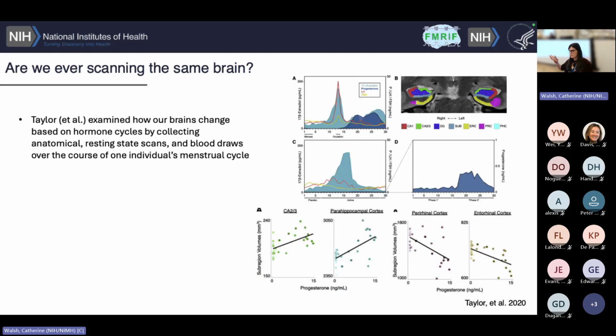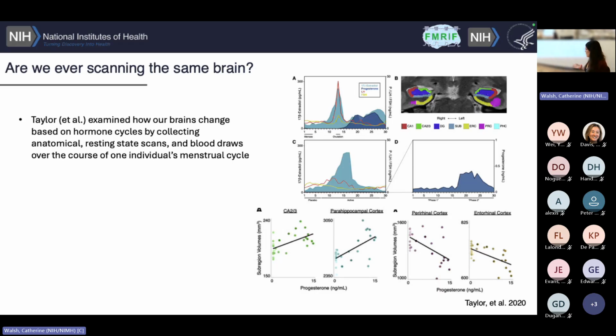Another example that I think is really amazing in this domain is the idea that our brains are never really the same. And that can be related, like we talked about, with different things that are happening, but some of those are very easily measurable. So in this case, Taylor and colleagues looked at hormone levels in the blood over the menstrual cycle and actually were able to find it wasn't just a functional change, it was a physical change in the hippocampus that was happening over that cycle.